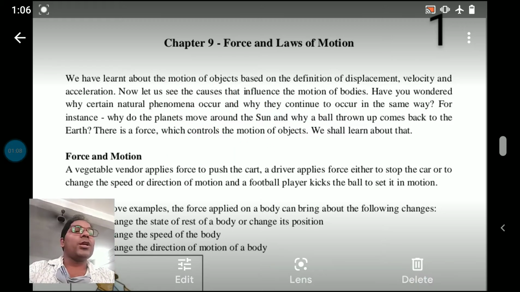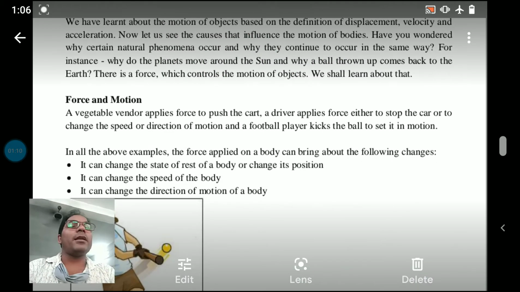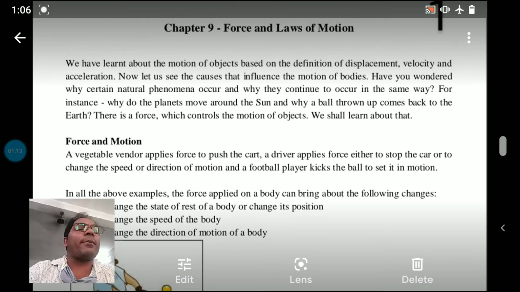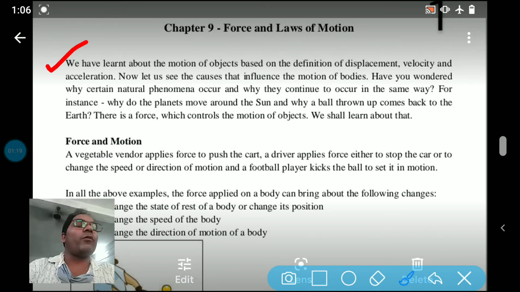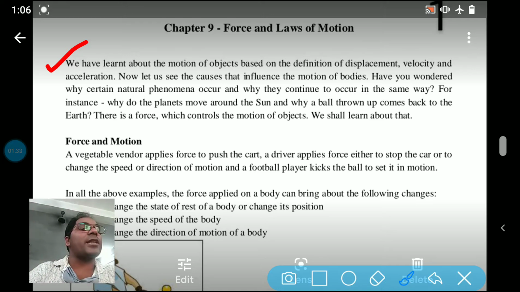Here we have learned about the motion of objects and the definitions of displacement, velocity and acceleration. These topics you must know. What topics in this chapter are you going to learn? Velocity and acceleration. You see the causes that influence the motion of bodies. Have you wondered why certain natural phenomena occur and why they continue to occur in the same way?